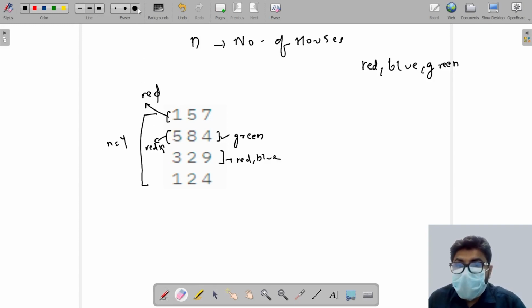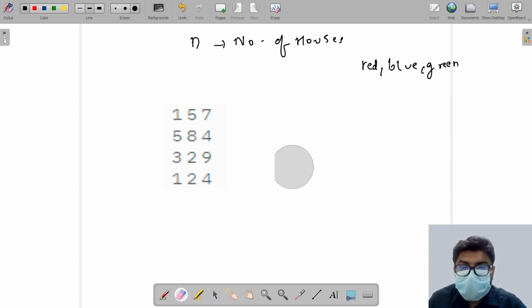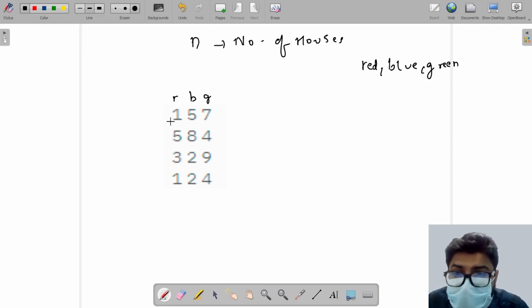What this input represents is the cost for all the n houses. This is for red, this is for blue, and this is for green. Index-wise these would be 0, 1, 2 and 3, but just for understanding, let me name them first house, second house, third house and fourth house.